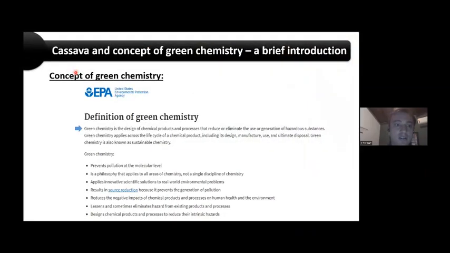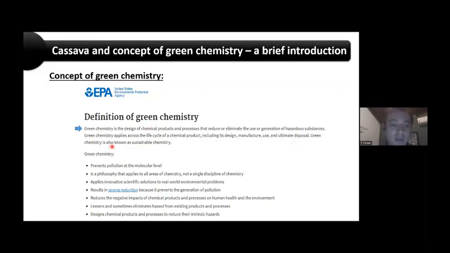So to start, what is the concept of green chemistry? In general terms, green chemistry is the design of chemical products and processes that reduce or eliminate the use or generation of hazardous substances. Green chemistry applies across the life cycle of a chemical product, including its design, manufacture, use, and ultimate disposal.